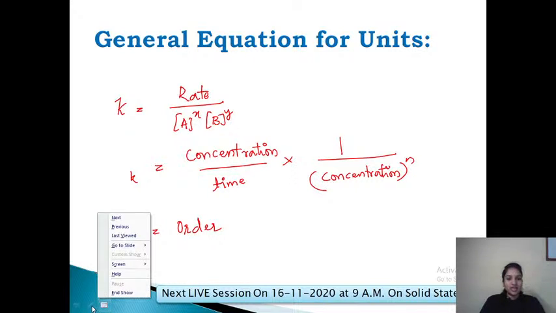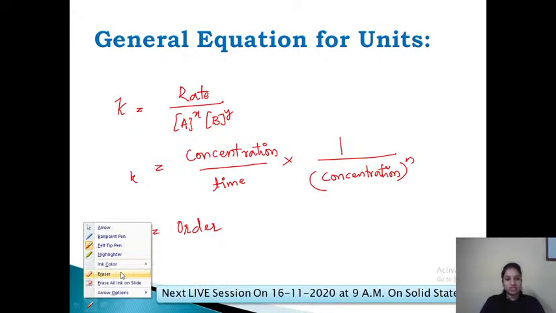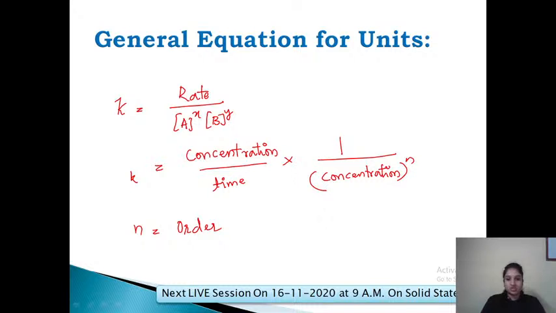Therefore, how can we calculate it for a zero order reaction? First and second order we just saw. Let us use this equation for a zero order reaction. What is a zero order reaction? A reaction in which the rate is proportional to the zeroth power of the reactant. Therefore, for a zero order reaction, what can I write?